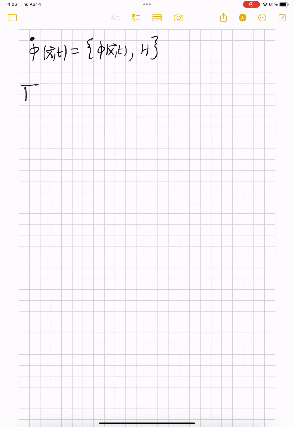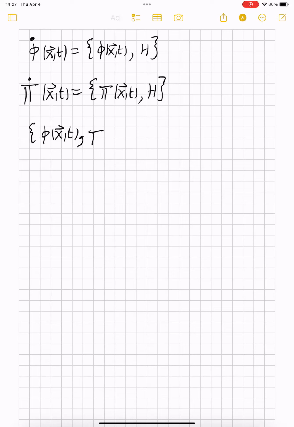And then you will also have pi dot of x and t is equal to the Poisson bracket of pi of x and t with the Hamiltonian. And remember, the basic Poisson bracket that you should use is that the Poisson bracket of phi of x and t with pi of y and t is just the Dirac delta, delta x minus y. Good.